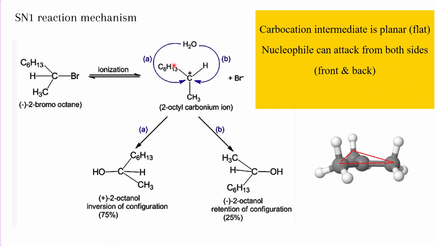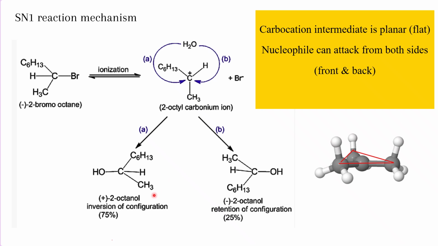Since the geometry is completely planar, attack of that particular nucleophile is possible from the front side as well as from the back side. This means I will get two products, the inverted product and also the retained product. This means there is inversion of configuration as well as retention of configuration.